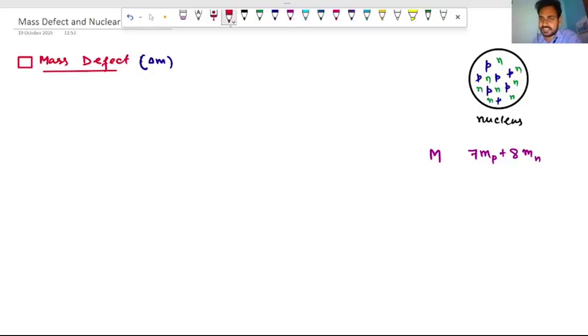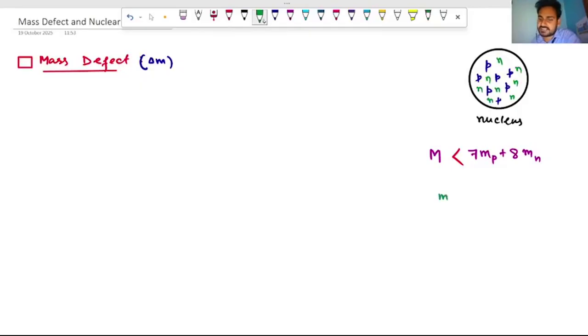So our daily life experience, our common experience, will say that the mass of the nucleus will be equal to the total mass of the protons and neutrons. But it is actually wrong. The experiment says the mass of the nucleus is less than the total mass of the protons and neutrons.